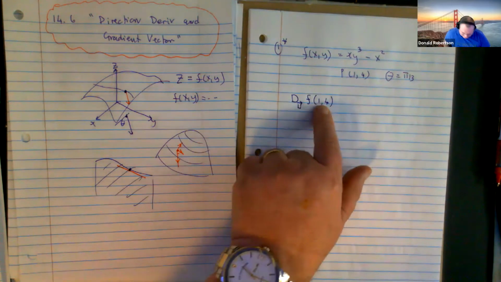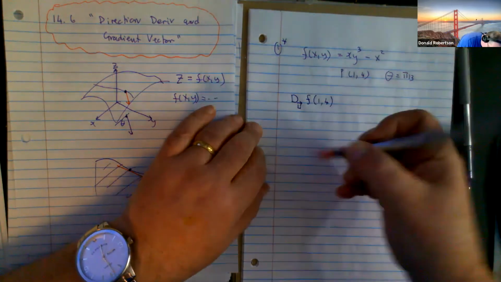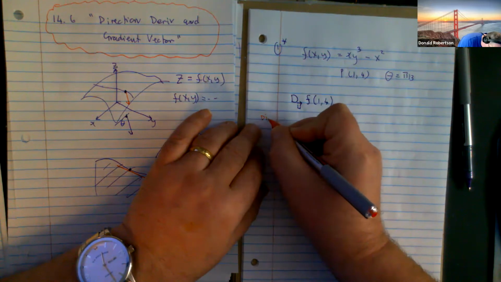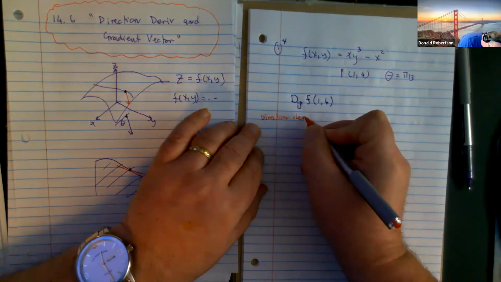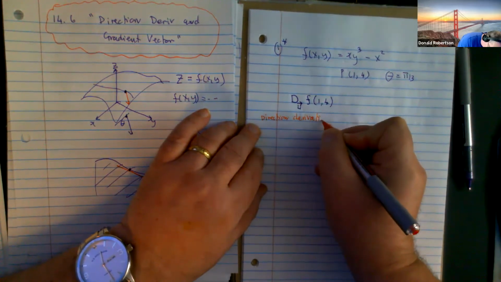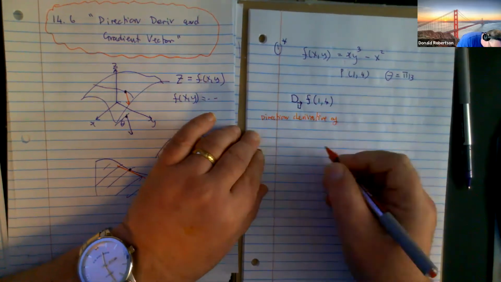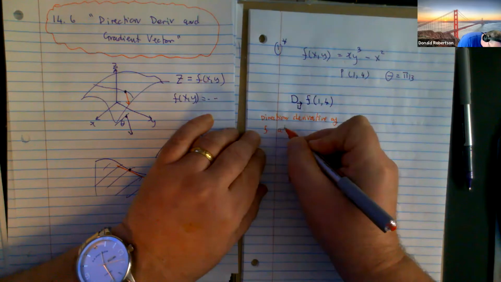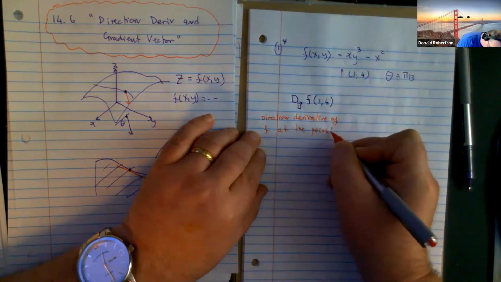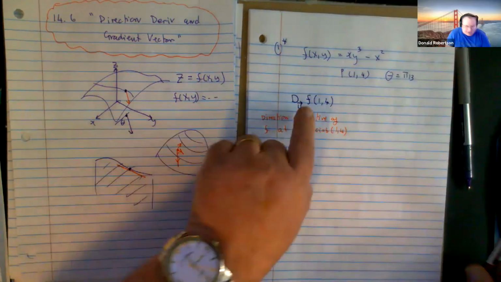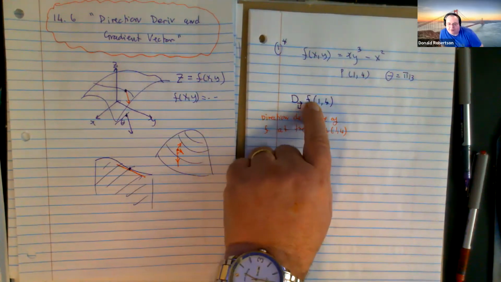So you would read this out loud as the directional derivative of f at the point 1, 4. So that's the directional derivative of f at the point 1, 4.